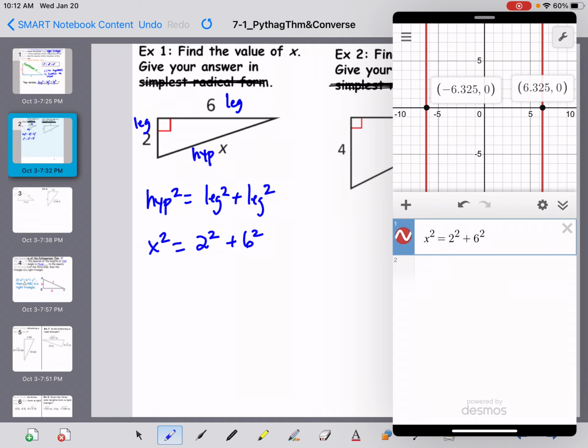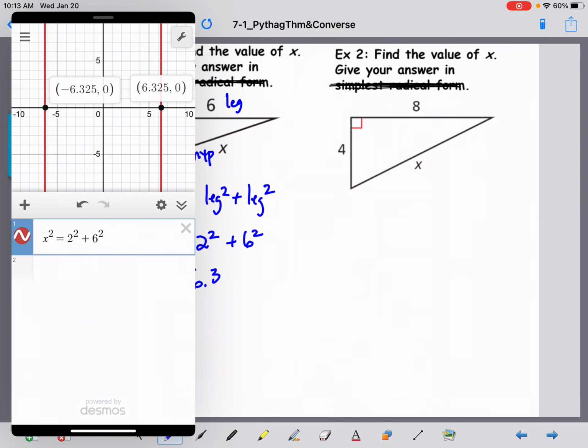But when you measure something, you don't actually have anything negative, because that's below 0. And you physically can't measure something below 0. So we're going to take the positive answer. So x will equal 6.3. I'm going to round it to the nearest tenth.